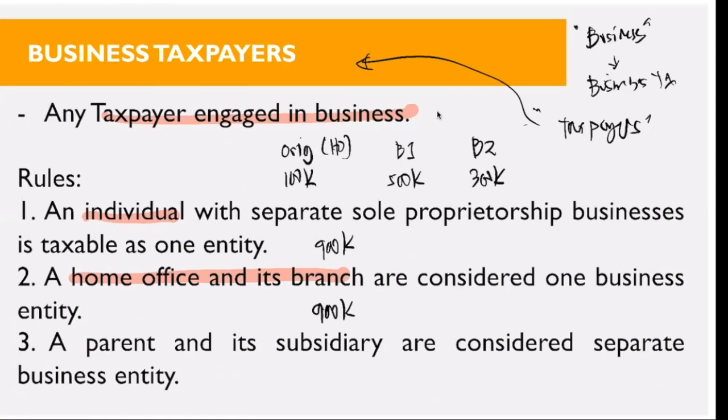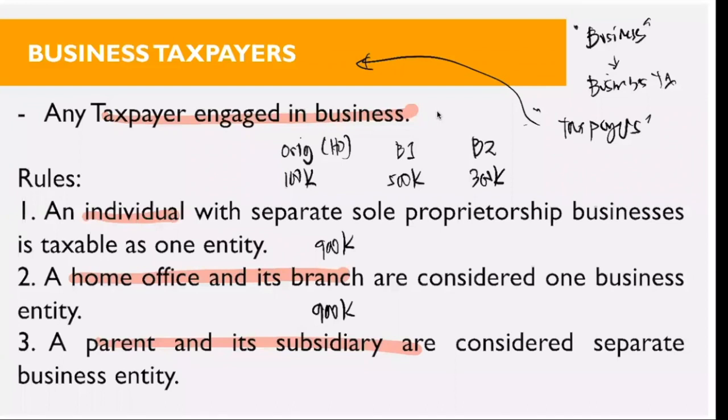And the third rule as to a business taxpayer, a parent and a subsidiary are considered separate business entity. What is a parent and what is a subsidiary? A parent is an entity that controls another business entity. So it is an entity which controls another business entity.